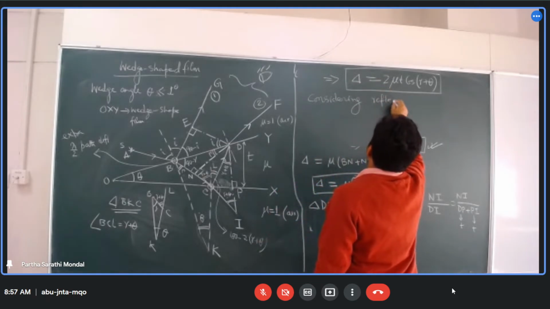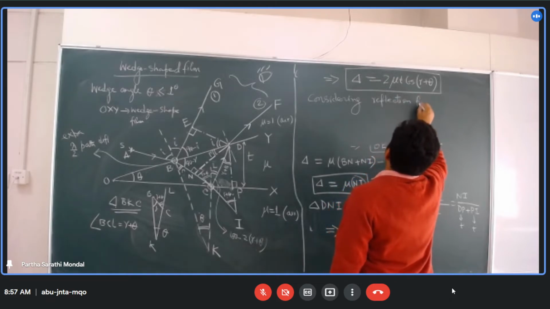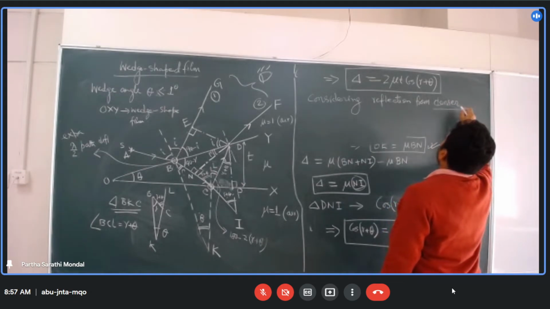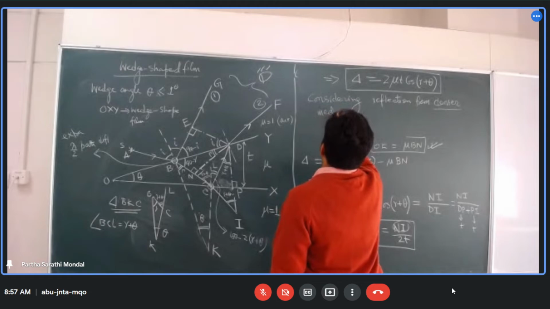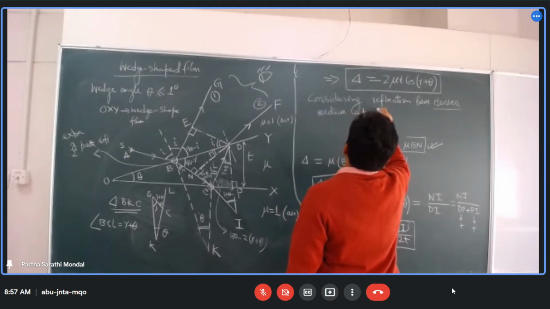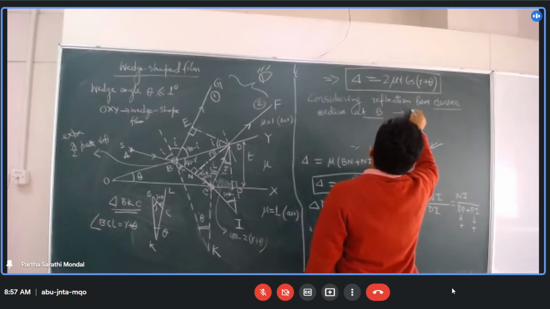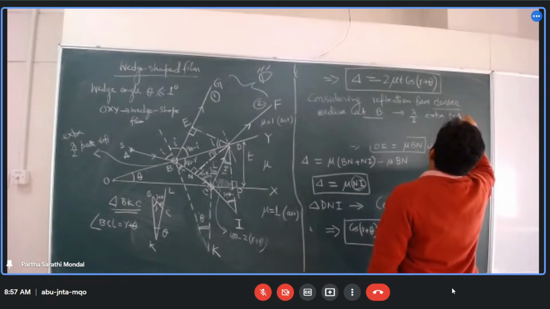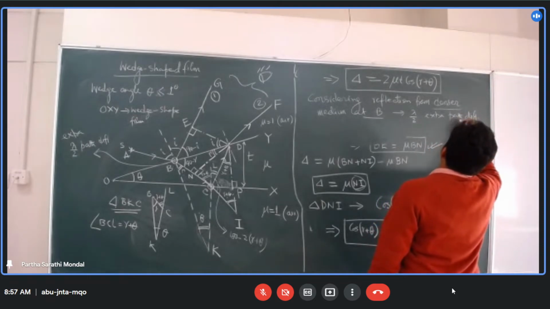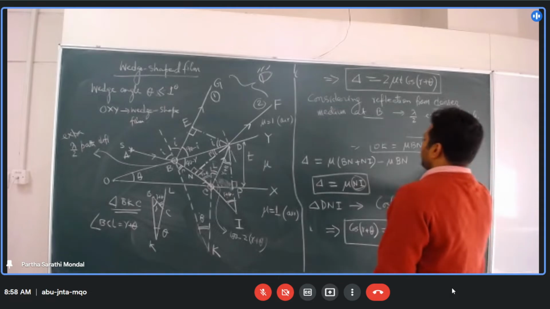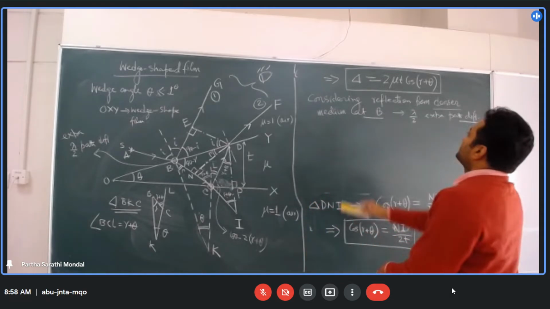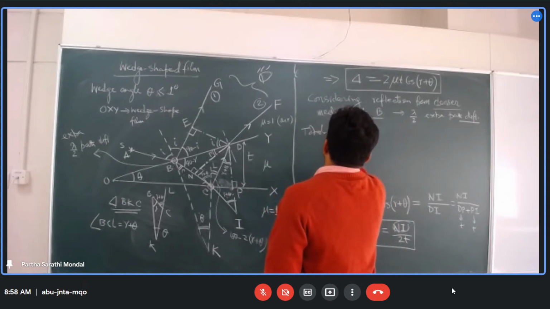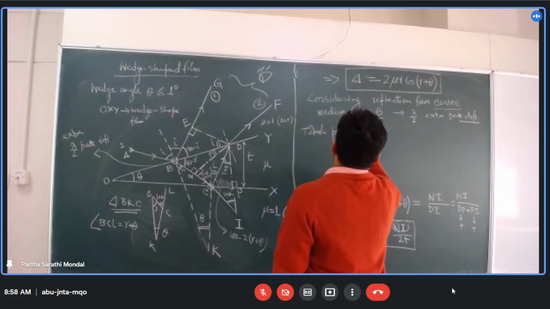So considering reflection from the denser medium at B, it will give you lambda by 2 extra path difference to the total path difference. If I consider this, then we will get the total path difference.